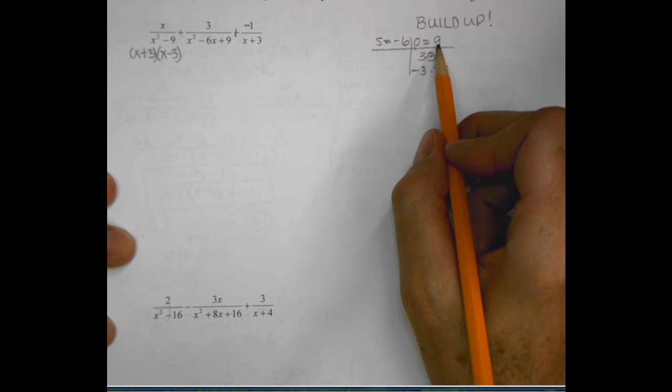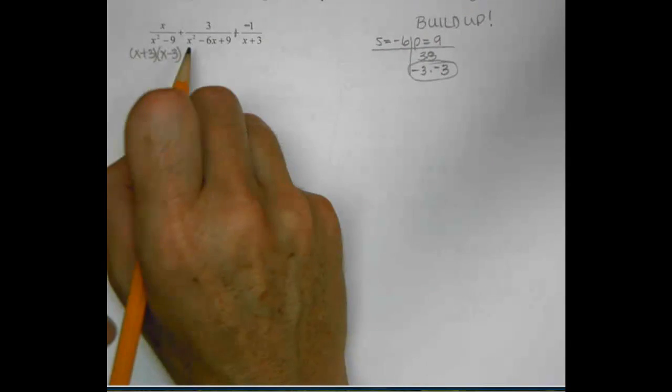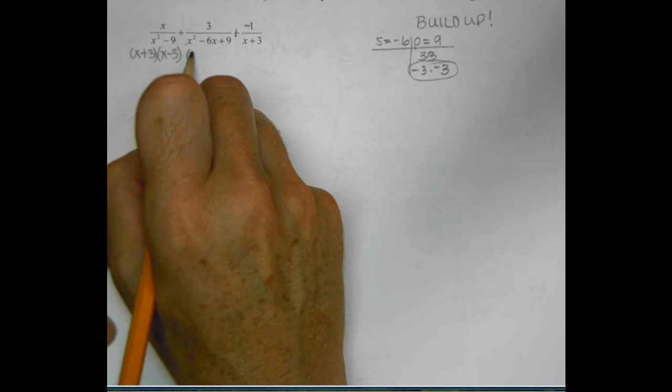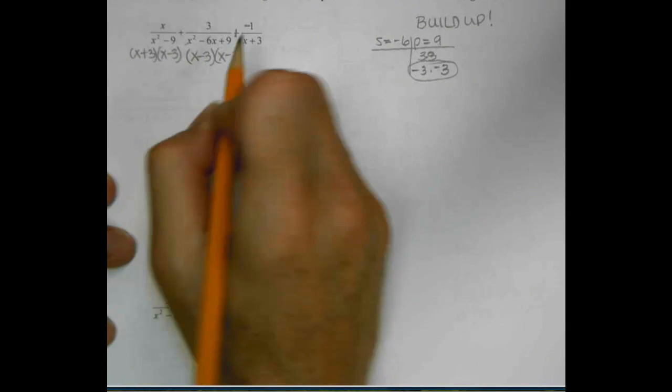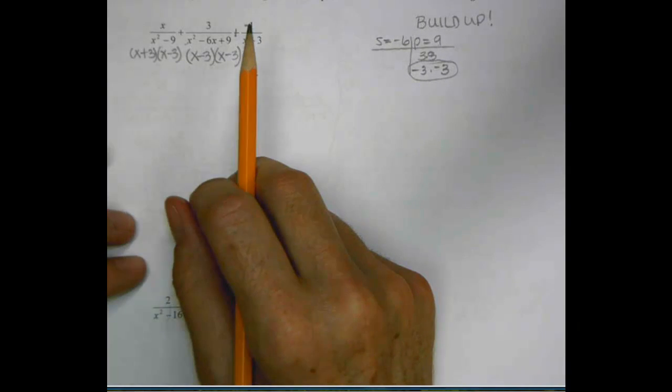That'll still give me a positive 9 and add up to a negative 6. So because I have a 1 for my coefficient on the lead term, I can go straight to my factor pairs, x minus 3, x minus 3. And my last denominator is already factored. Very quick and easy on this one.